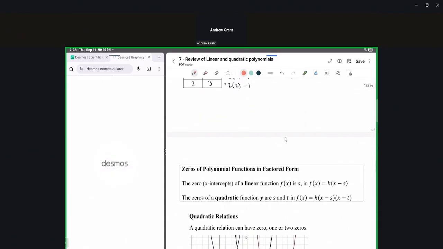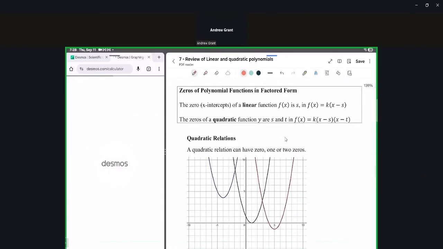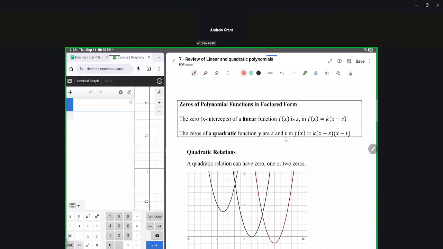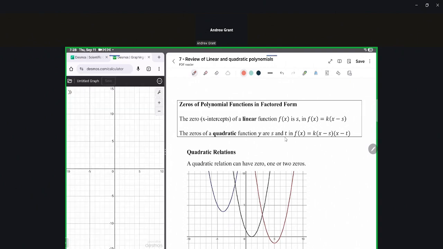Okay. So the zeros of polynomial functions in factored form. For the zeros of polynomial functions in factored form, the zero or x-intercept of a linear function f of x equals k times x minus s is s. So this just means, the zeros refers to where we cross the x-axis.